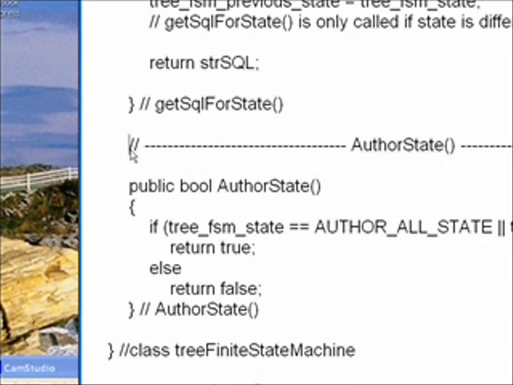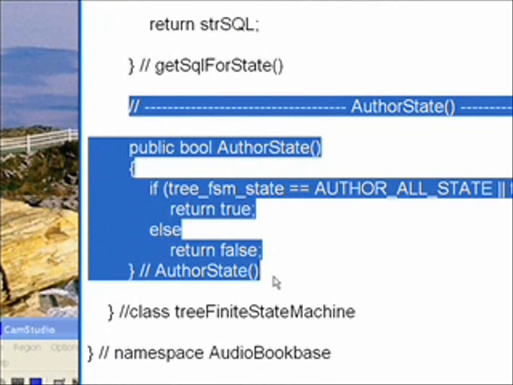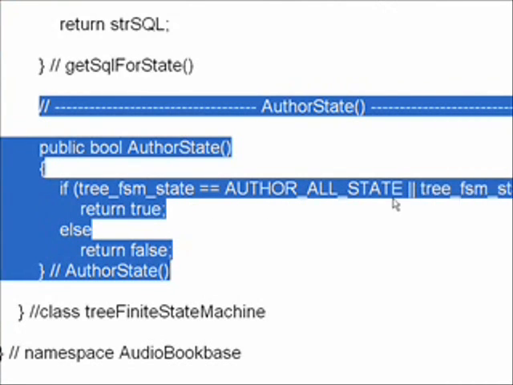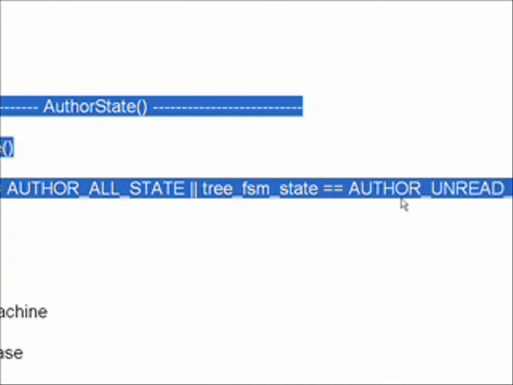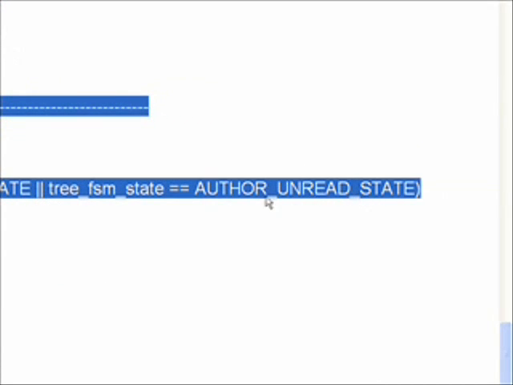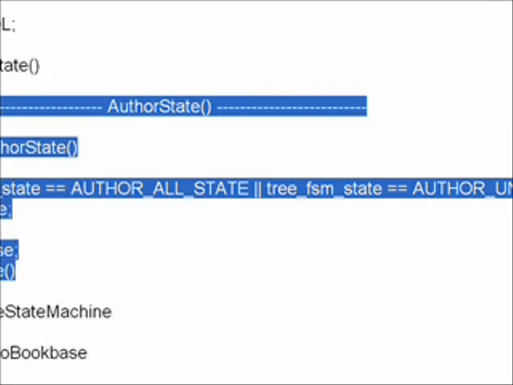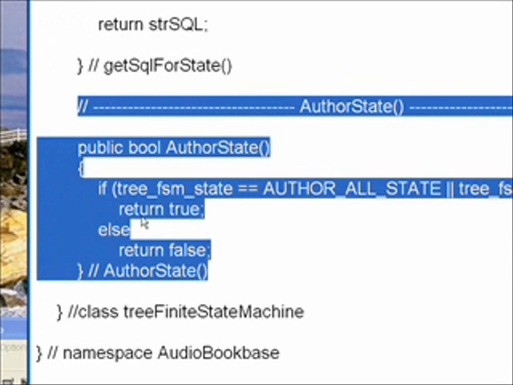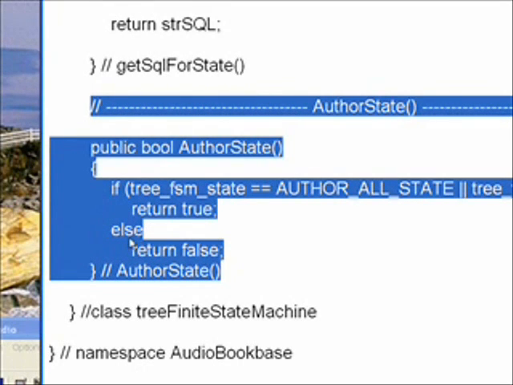Else return false, which means it's a type state, and we're going to be displaying type data in the tree, which we need in the loop that's doing a read in the SQL data reader object and putting each record out to populate the tree view. You'll get an error if you try and populate type tree view with author data and vice versa, so we need to call this function.